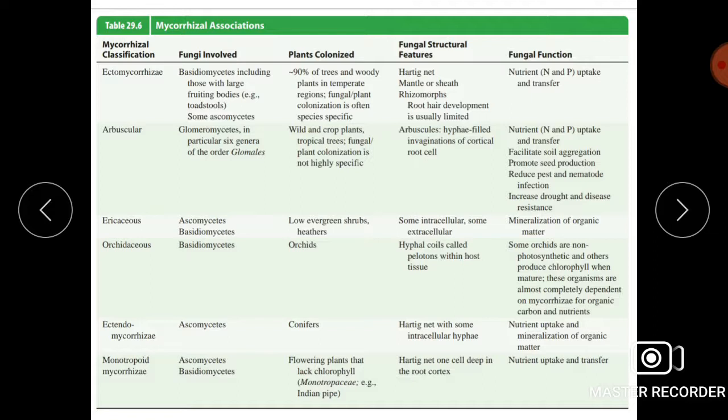The plants colonized are flowering plants that lack chlorophyll. Example: Monotropaceae family, Indian pipe. Then fungal structural features include Hartig net, one cell deep in the root cortex, and fungal function, nutrient uptake and transfer.